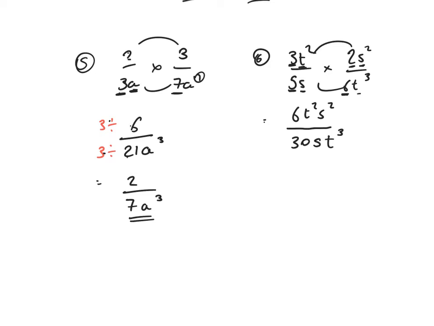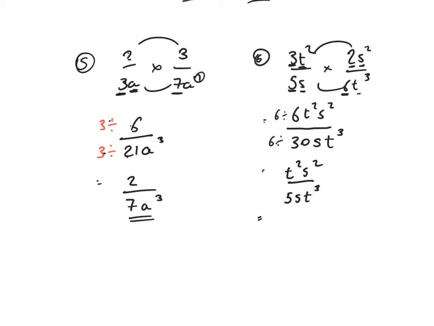Okay, there's quite a bit that we can do here. Okay, the first thing is we can simplify the numbers down here. 6 divided by 6 is 1, so that's just 1t squared s squared. So I don't need to show the 1 there. 30 divided by 6 is 5, so that's going to be 5st cubed.